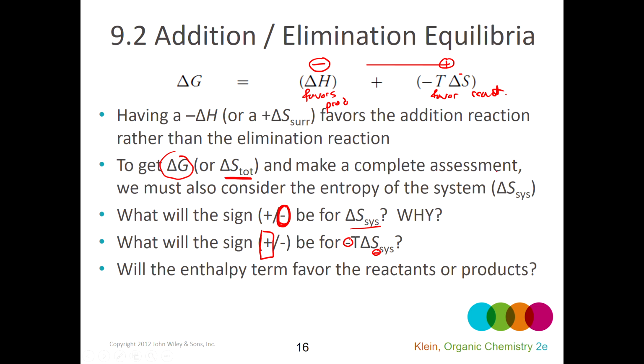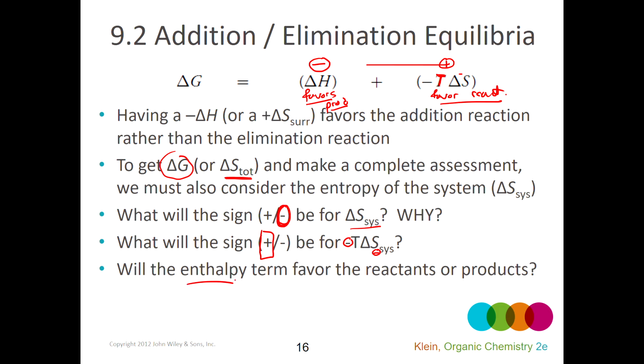So usually it's ideal if both of these terms favor the same direction. That way we can really rely on the reaction shifting in the direction they both favor. But it's also kind of an advantage to have one favoring one side and the other favoring the other side, because then we can take advantage of changes in temperature to make delta G either more negative or more positive.